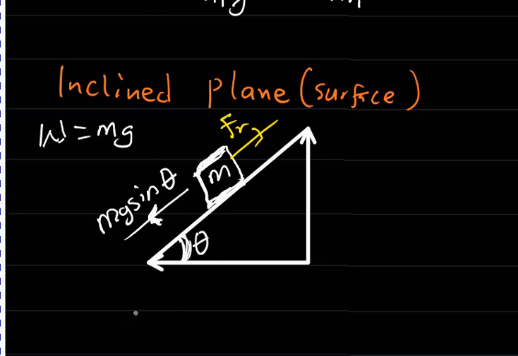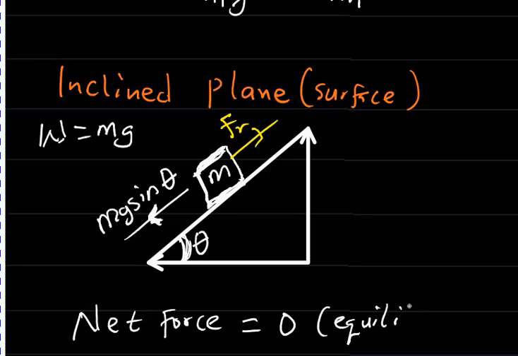Because we are discussing static frictional force, we know that in static frictional force the net force on that mass is equal to 0 because there is no motion. The reason being that the object is at equilibrium. There's no motion. So please take note of that.